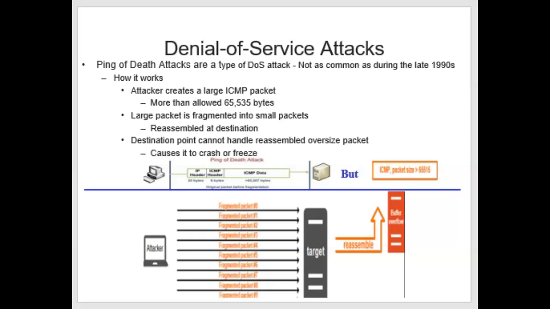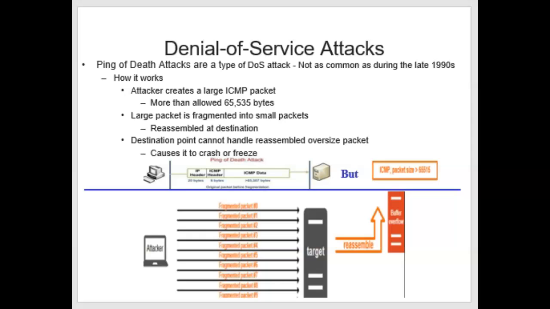This causes the victim computer to freeze or malfunction by overflowing the memory or the processing capability, right? The memory overflows because you've sent more data than the system can manage, right? And so the attack simply creates ICMP packets that are larger than the maximum allowed.